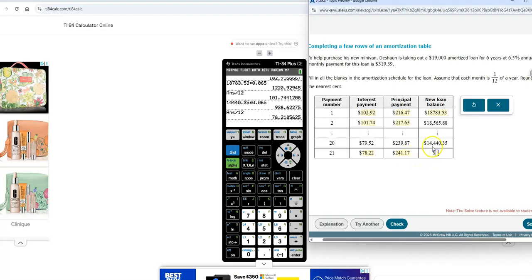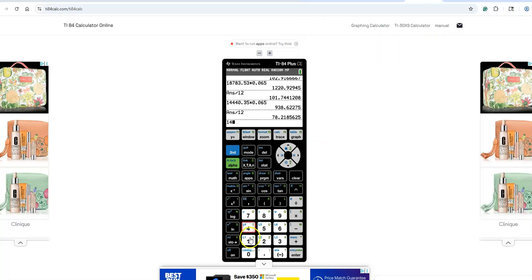Now, what is the new balance here? So for the new balance, we subtract this number from here: 14,440.35 subtract 241.17.